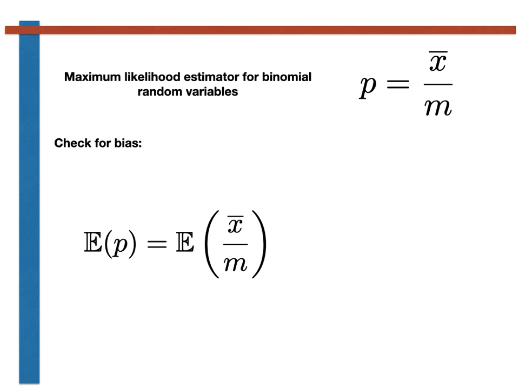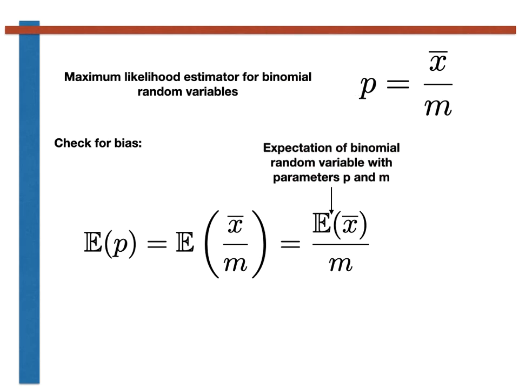We can simplify this expression by remembering that m is a scalar. A factor of m can thus be taken outside the expectation operator as shown here. We are thus left to calculate the expectation of the sample mean, which is the same as the expectation of the random variable from which the sample mean was computed. These random variables were all binomial random variables from a distribution with parameters p and m, however.